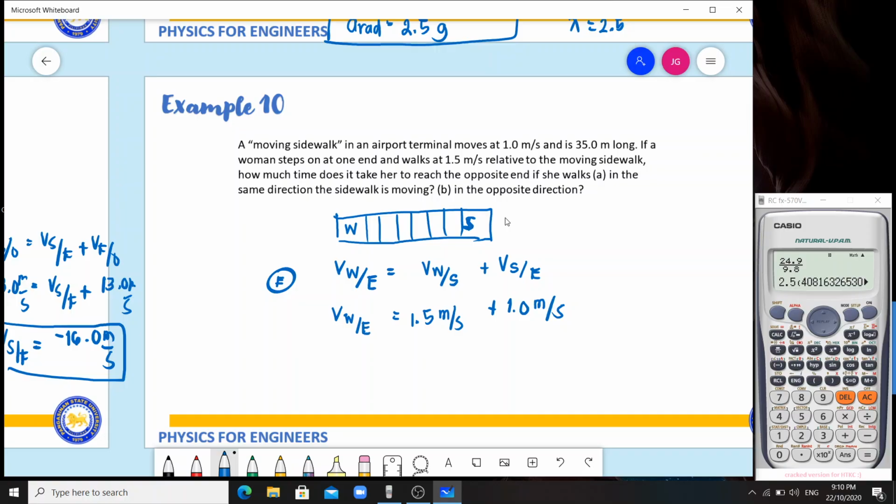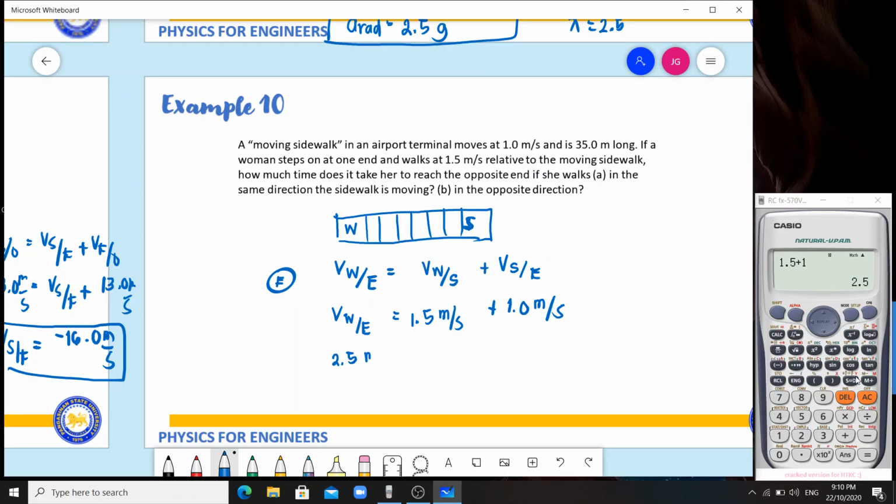Okay? Kasi ang hinahanap dito is the time. How much does it take her to reach the opposite end? So, 1.5 plus 1, that is 2.5 of course, okay.